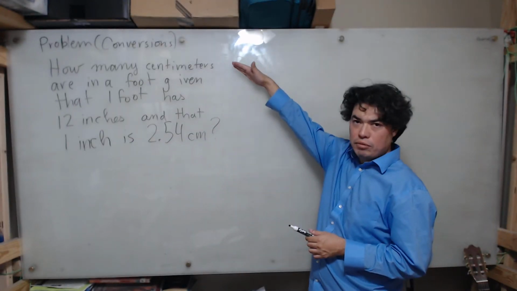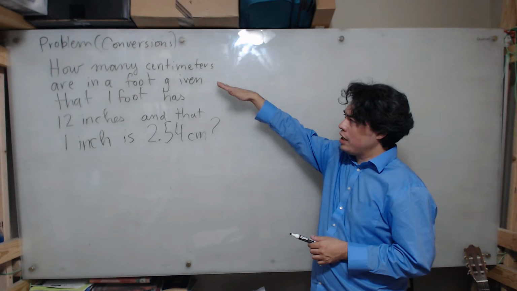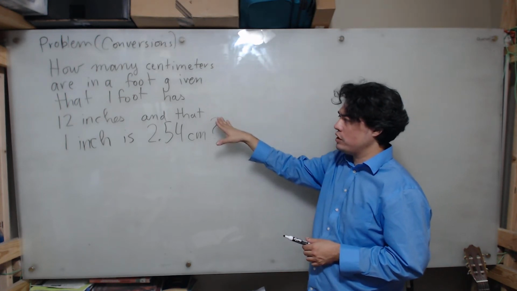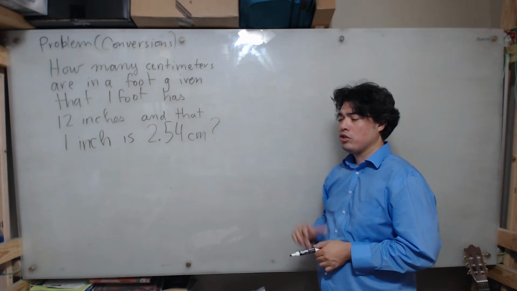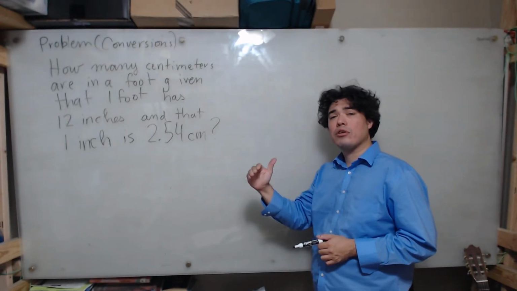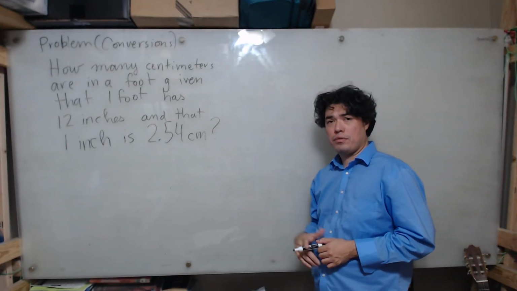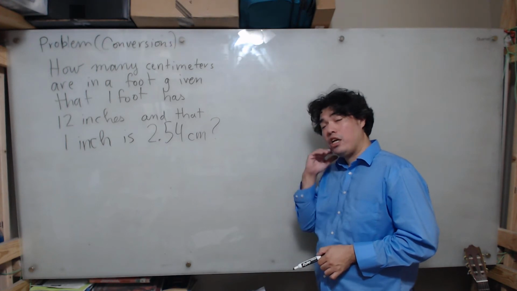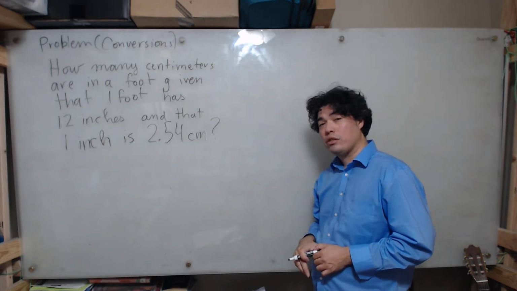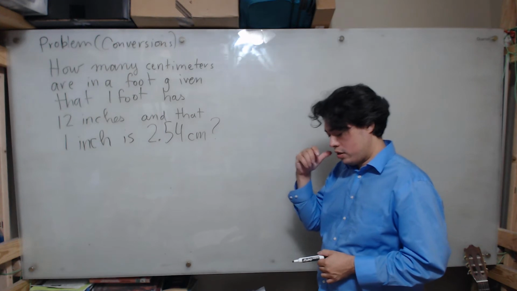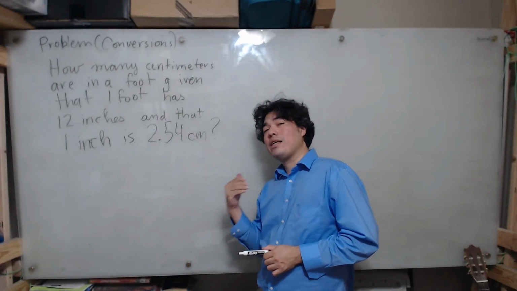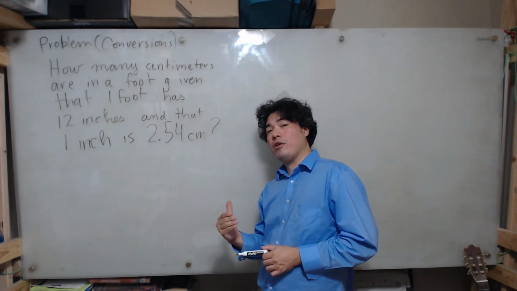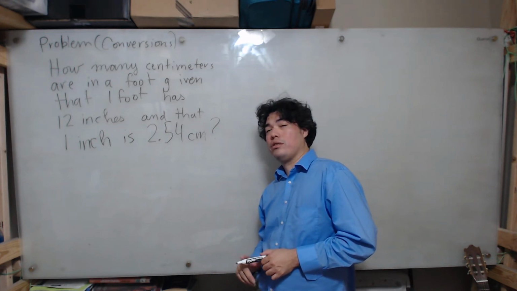So let me read it with you. How many centimeters are in a foot given that 1 foot has 12 inches and that 1 inch is 2.54 centimeters? So we want to know how many centimeters are in a foot. And we know that each foot has 12 inches. So I think that you'll agree with me that what we're really asking is how many centimeters are in 12 inches?